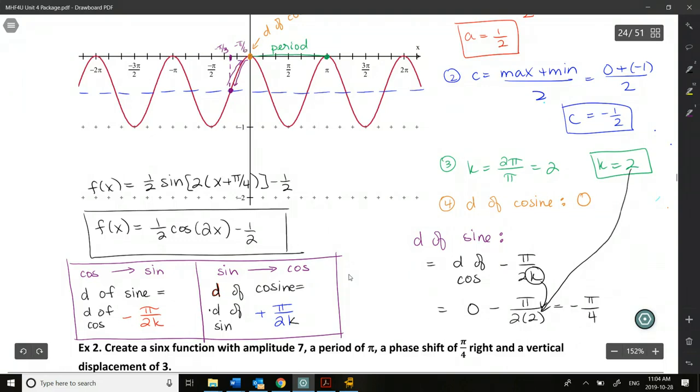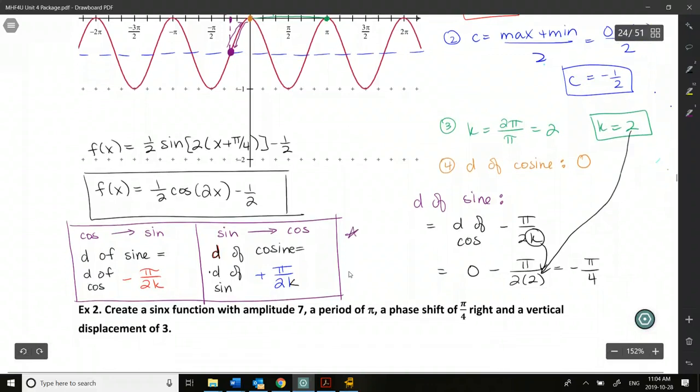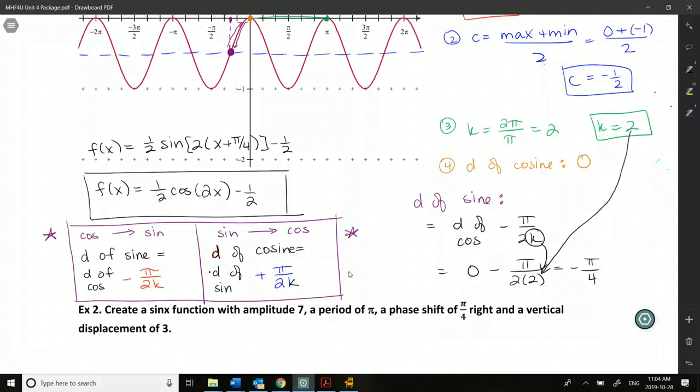So negative pi over 4 falls directly in between those two. So pi over 4 to the left does make sense for this location right here. I believe this guy right here is also on your summary sheet at the front of your unit package.